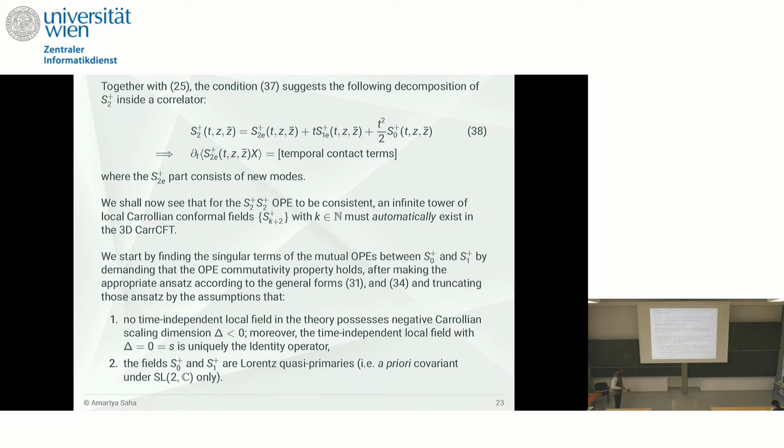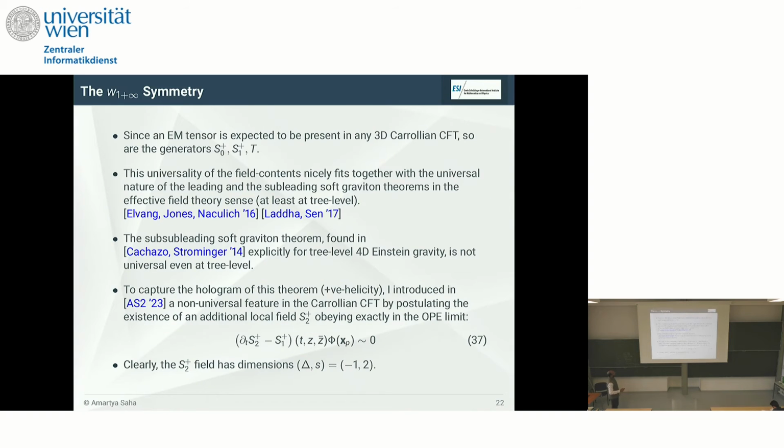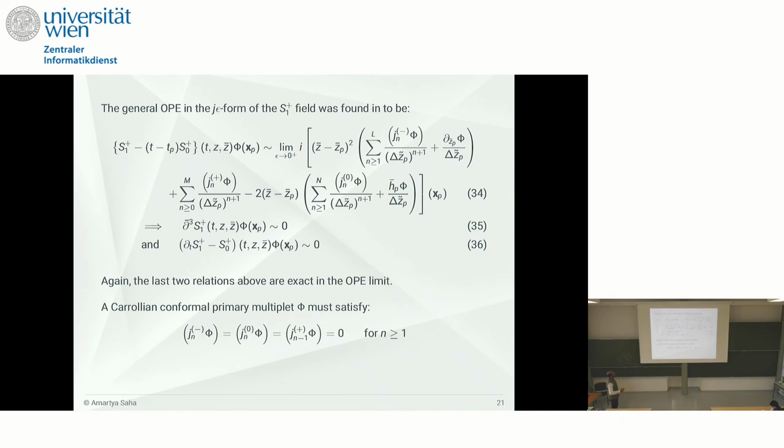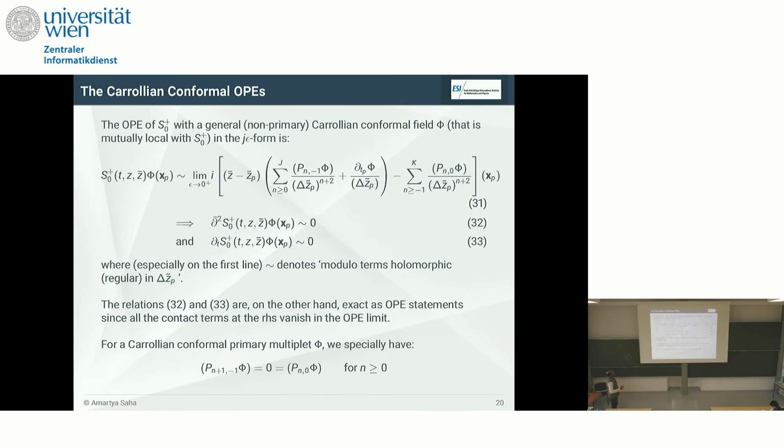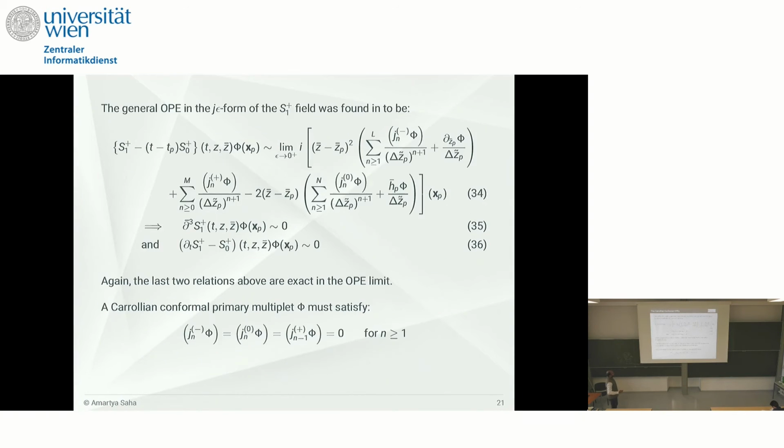So I shall assume that the bosonic commutativity property holds, and then I shall make an ansatz about the generic OP. I know how the generic S0 plus OP looks like, and the generic S1 plus OP will look like this.